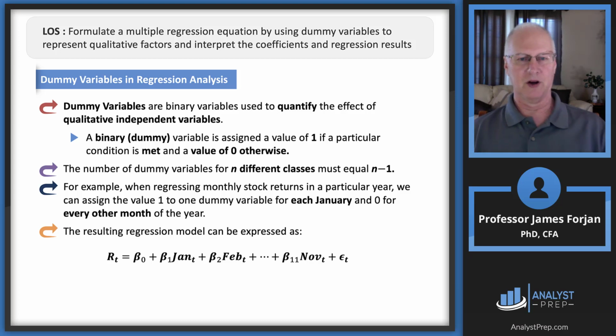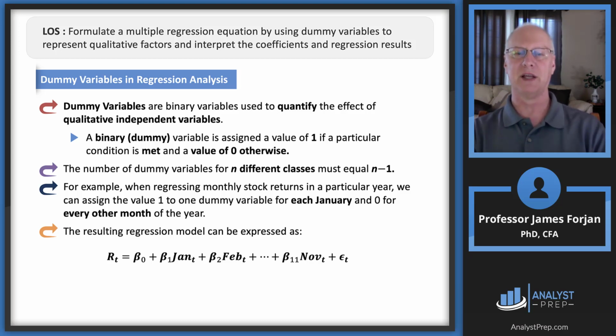So there's the returns on the fund, or the monthly stock returns, whatever it is, on the left-hand side of the equal sign. There's the intercept term. That's going to be important here in just a second. And then we have beta 1 and beta 2, and beta 3. So we have January and February all the way up to November. Now, there are a couple of different ways to do this.